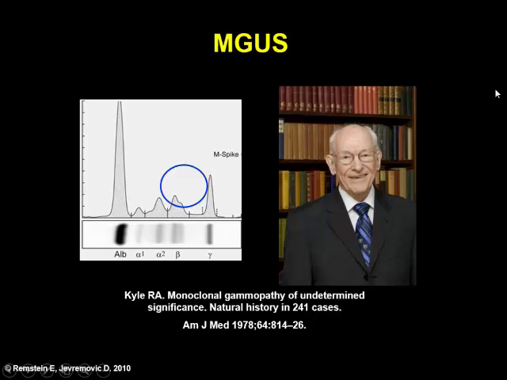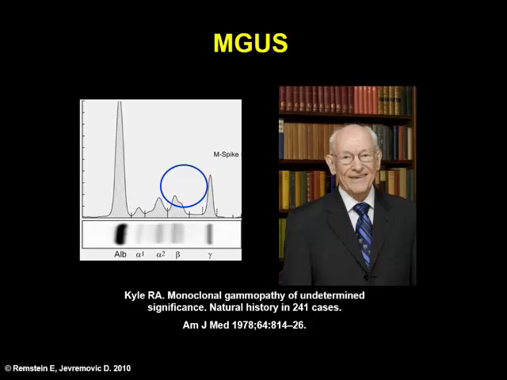He coined it based on the finding that there are patients with monoclonal proteins who have clonal plasma cells in the bone marrow, but they have no evidence of myeloma or organ damage. And he said it was undetermined mainly because he didn't know whether or not the patient will stay benign or whether they will eventually get multiple myeloma.